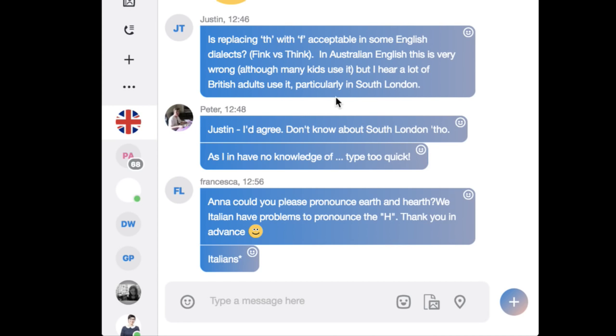Like the Cockney accent, for example, or the general London accent, if you have a London accent, then the TH will likely be dropped. That's correct. There are other accents as well which tend to drop the THs, but I would always encourage you to pronounce your THs properly because it makes a huge difference to your overall pronunciation.